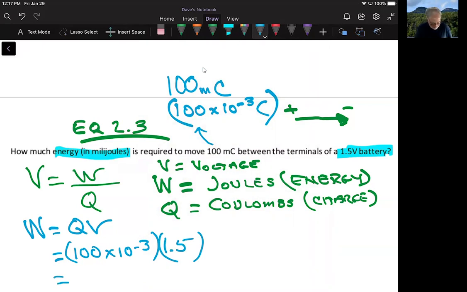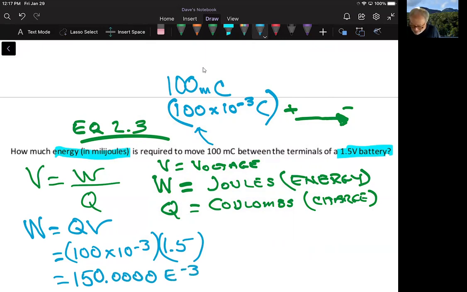Then I'm going to enter that in my calculator. I'm going to enter that as 100 second EE minus 3 times 1.5. And when I do that, I've got my calculator set up to display in engineering notation, so I get 100.0000 E minus 3, right?